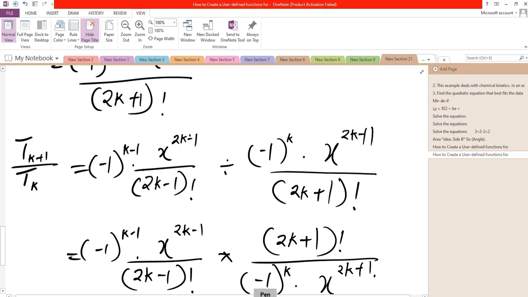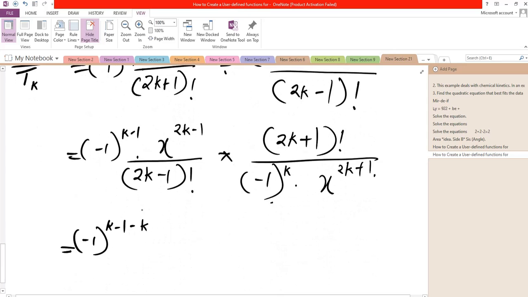Here is supposed to be plus, here is supposed to be plus, this is minus 1, this is minus 1.